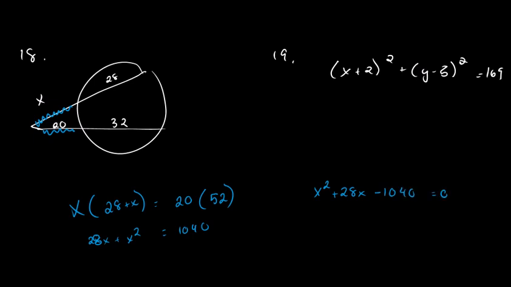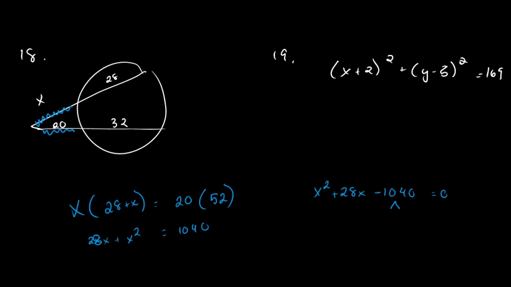So this is where I would have to factor. I'm looking for products that multiply to give me negative 1040 that add to 28. I could also use the quadratic formula if I knew how to do that. However, let's break it down into a couple of factors that might create a big enough difference.